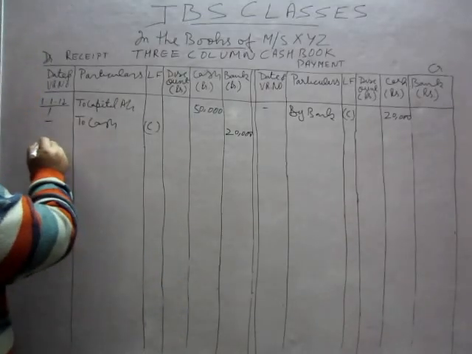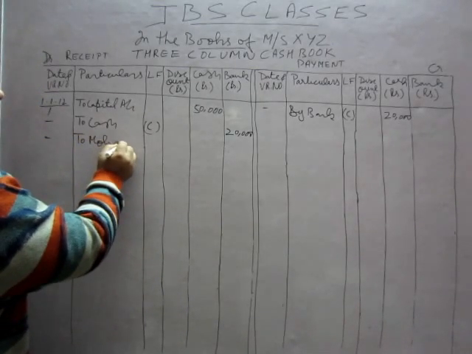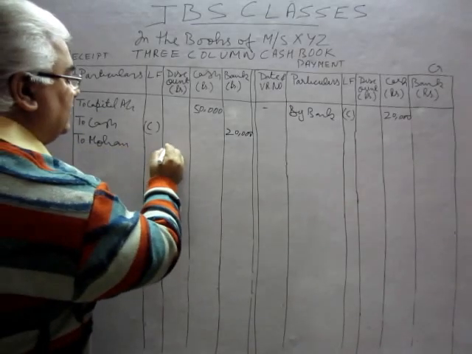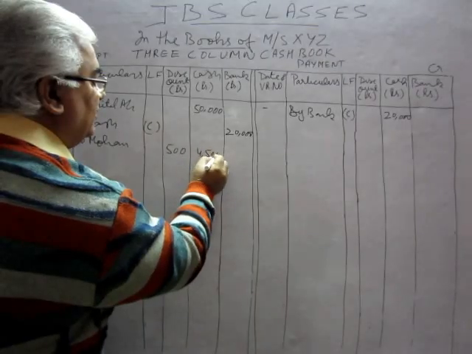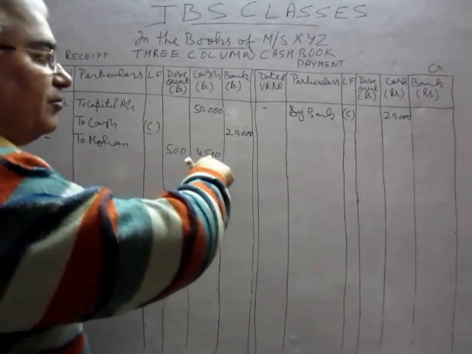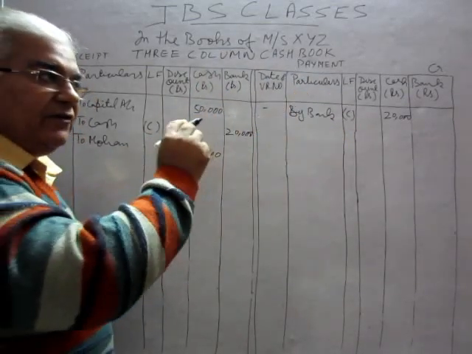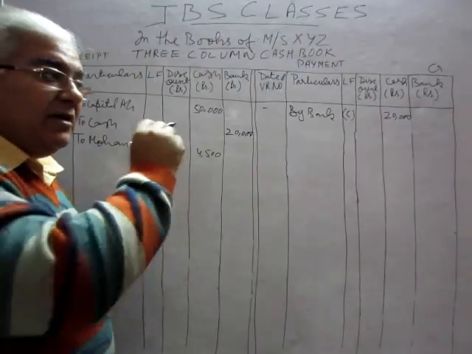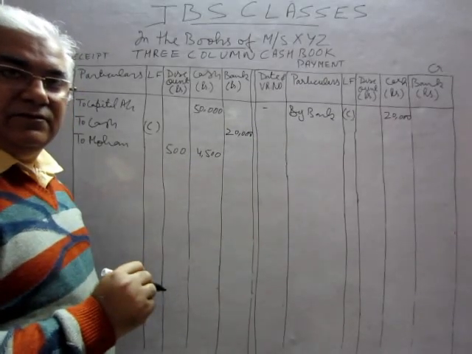So the entry will be like this: to Mohan, 500 in the discount column, 4,500 in the cash column, and from here Mohan's account will be credited by the amount 5,000, and we will write on the credit side of Mohan's account, by sundries 5,000.